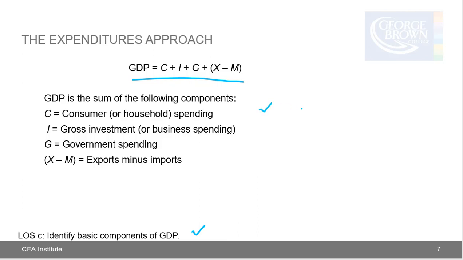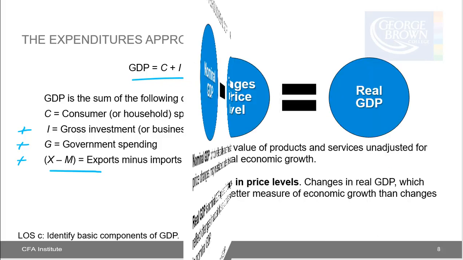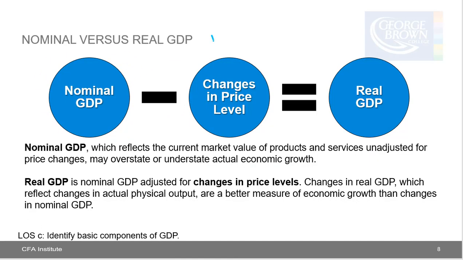Consumer household spending, which is the largest component and sometimes close to 70% of GDP. Then you've got I, gross investment or business spending, plus G, government spending, plus brackets X minus M, exports minus imports. So exports are included as spending on domestic output and are added to GDP, whereas imports are subtracted from GDP.